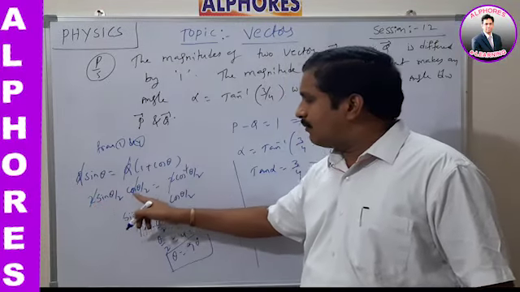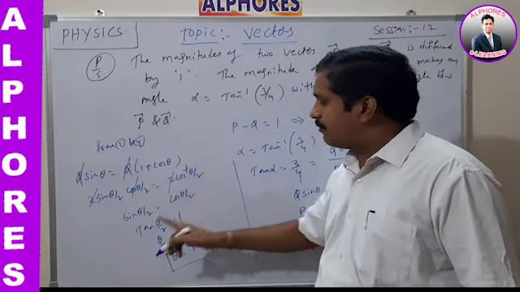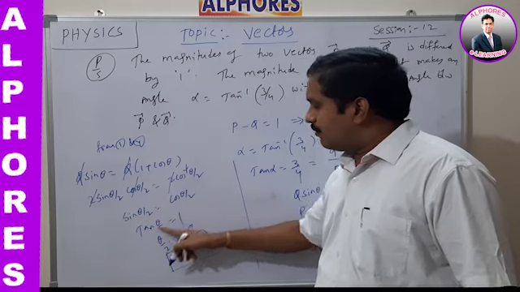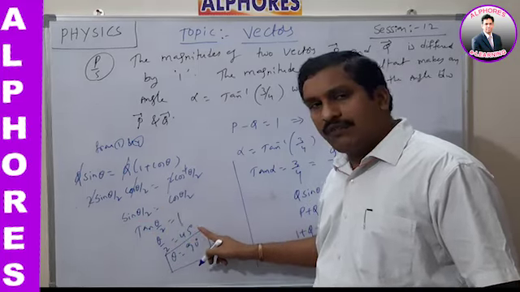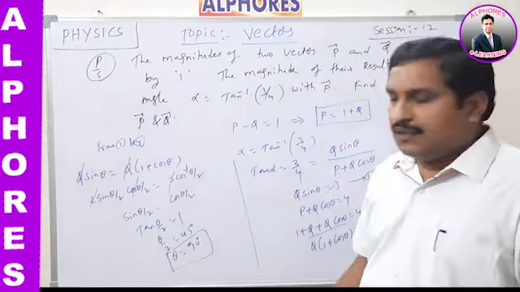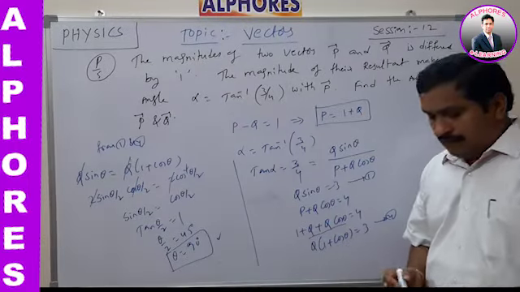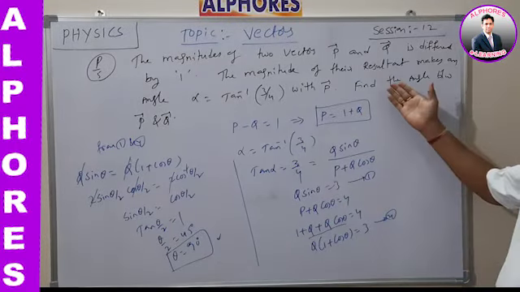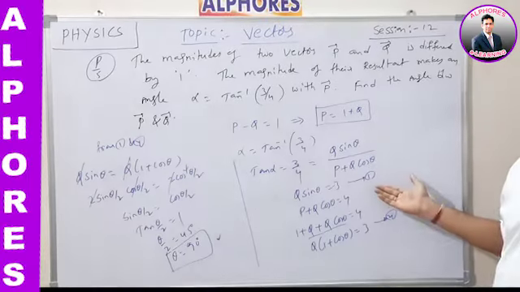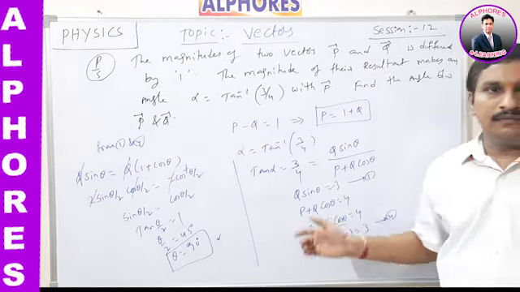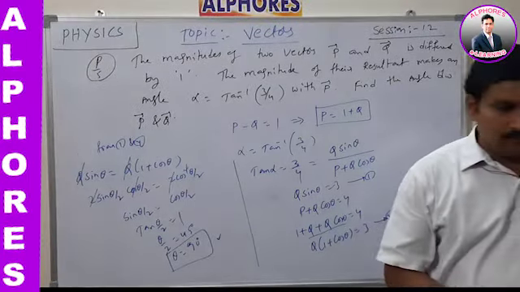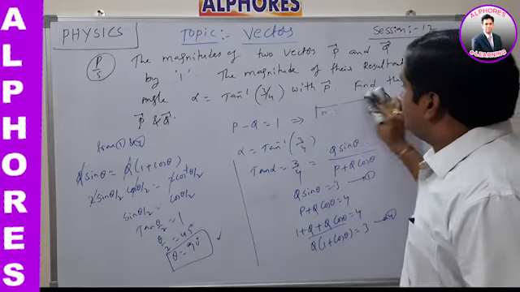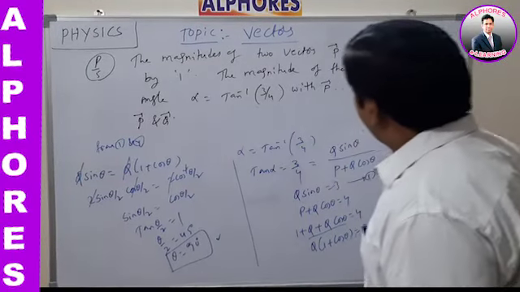That means 2 sin theta by 2 cos theta by 2 is equal to 2 cos square theta by 2. Sin theta by 2 is equal to cos theta by 2. Tan theta by 2 is equal to 1. Theta by 2 is equal to 45. Theta is equal to 90. So this is the method to solve this kind of problem based on the parallelogram law of addition of vectors. Just you have to note this one.